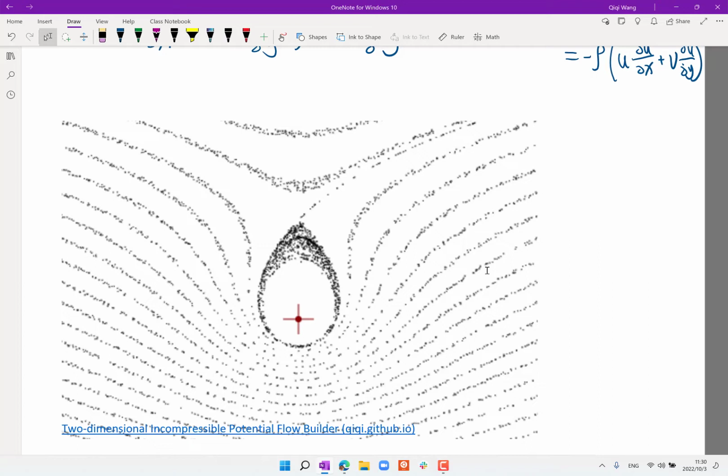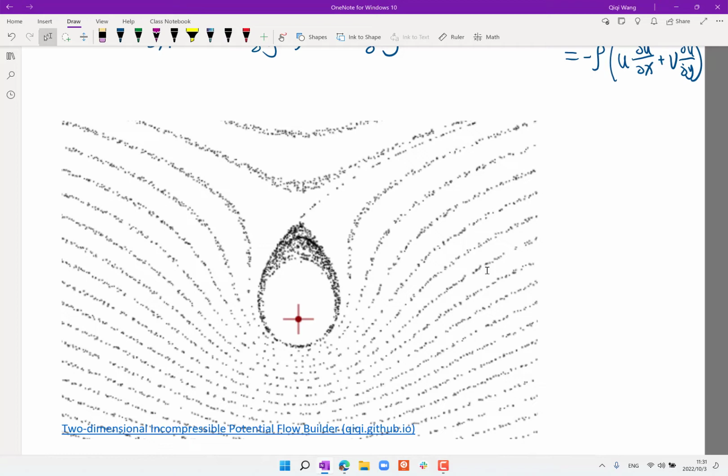If you have a free stream, you just get linear lines. For a free stream plus a vortex, you get this interesting stuff. These would be the streamlines. And then you also get a closed body, something like a teardrop shape, in which the flow just goes around it without going out of it. And the flow outside goes like this.